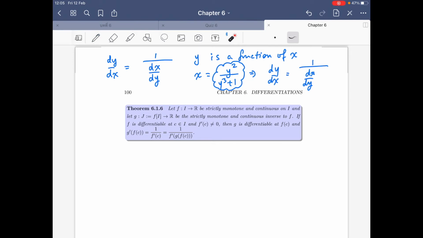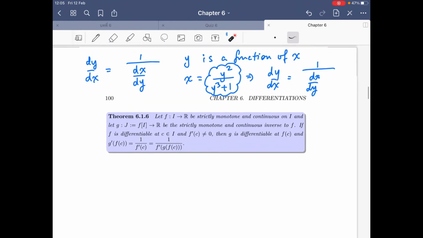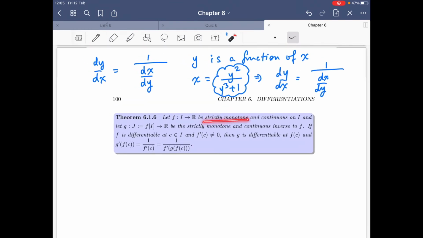So for this one, you have your f as a function from I to the real numbers R, which is strictly monotone and continuous on I. Strictly monotone means that it is either increasing or decreasing, only one way, and it is continuous on the interval I. You let g be a function from the range of f to the real numbers, which is again strictly monotone and continuous, the continuous inverse of f.